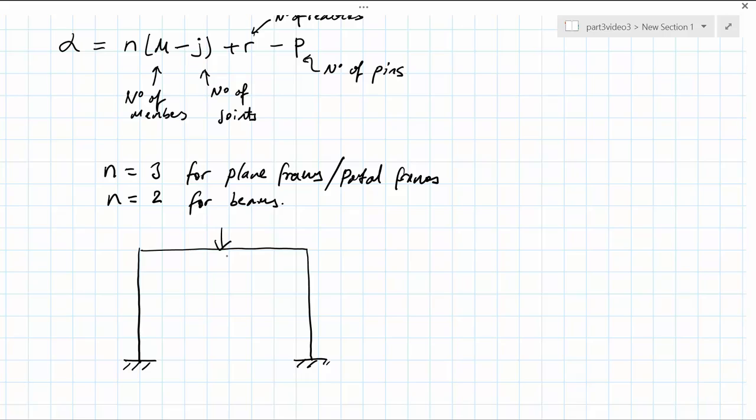Firstly, the number of members in the system. We have 1, 2, and 3. The number of joints, 1, 2, 3, and 4.